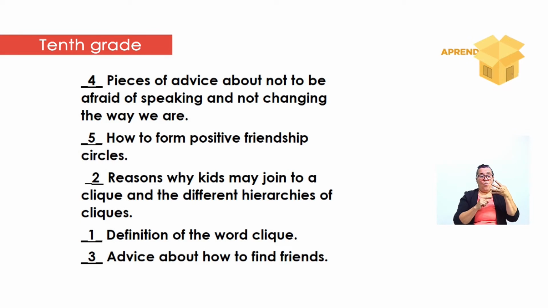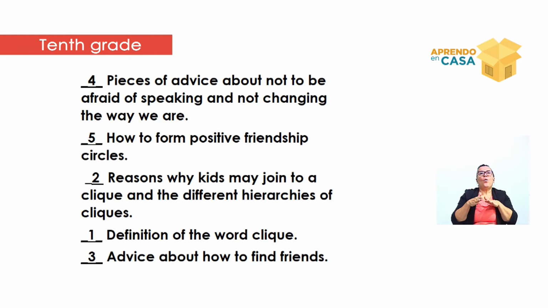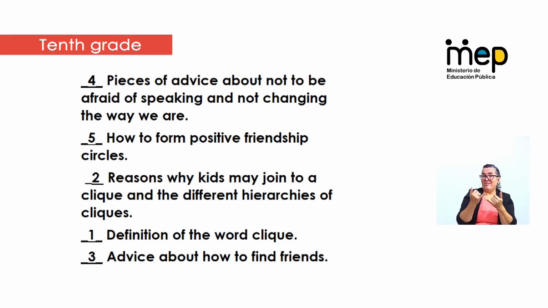Number 4, pieces of advice about not being afraid of speaking and not changing the way we are. And number 5, how to form positive friendship circles. Excellent. I know you did a very good job. Now we're going to read the paragraphs for the second time to do another task.